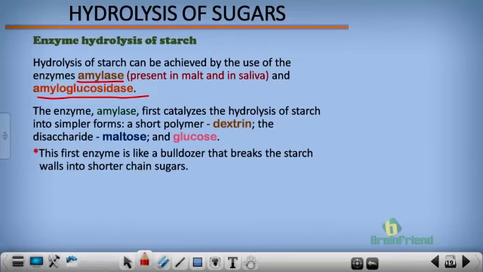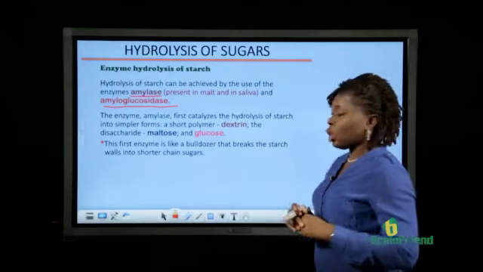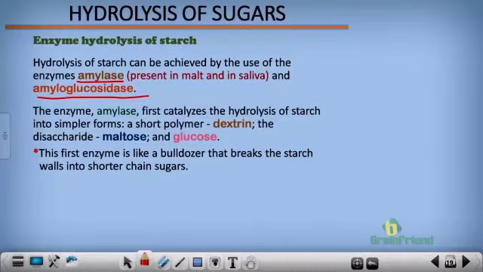So what happens is the enzyme amylase first acts on the starchy substance to yield these intermediates: a short polymer called dextrin, disaccharides, maltose, and glucose. Remember that maltose is a disaccharide that is formed from two glucose molecules.